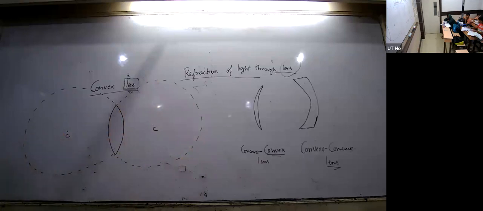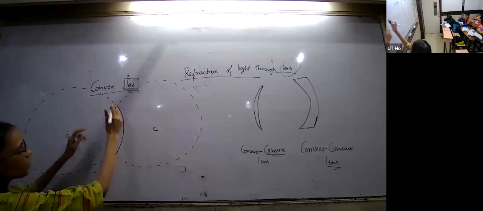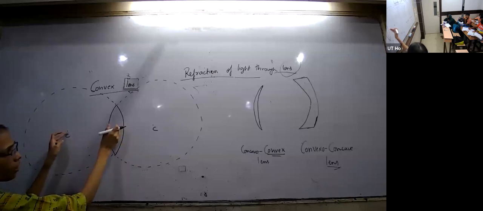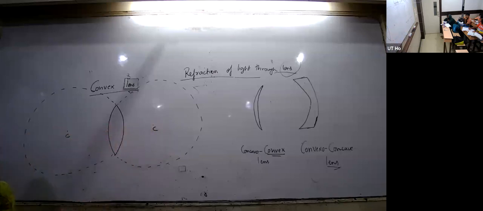I can label them as C1 and C2 also, no problem. This numbering creates a whole lot of confusion. So let's just say that both of these are curved to the same extent, so this radius, the center of curvature, will be the same. अभी फिलहाल हम without numbers के solve करते हैं ताकि easy हो जाए.